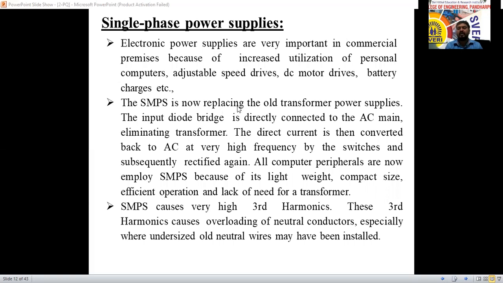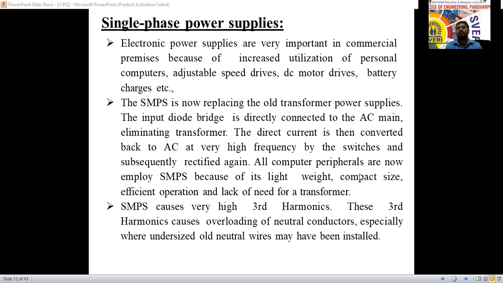That DC is then converted to AC at very high frequency by the switches, and subsequently, if we require a DC supply, we rectify it again. So like this, we use the SMPS.